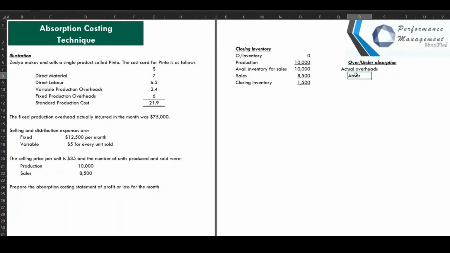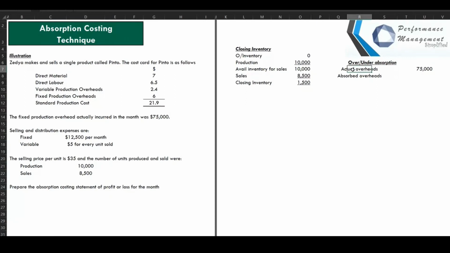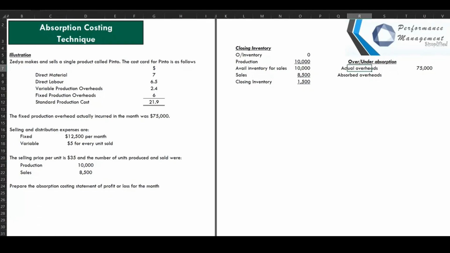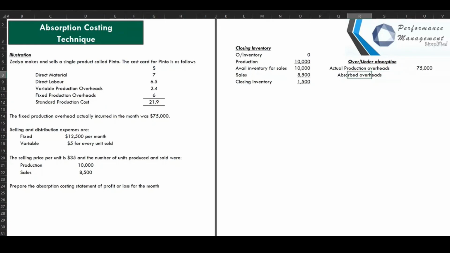The actual production overhead from the question we're told is 75,000. And we have the absorbed production overhead.